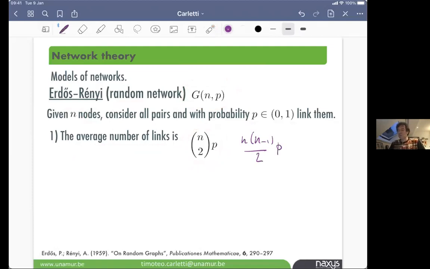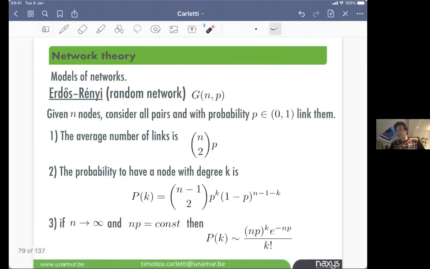This is why the average number of links is this number. Here I show you the reference. I don't know if you can read it, but this is the original paper by Erdos and Renyi, where they studied this network. It's quite old. Network science is a recent research topic, but graphs have existed for a very long time.